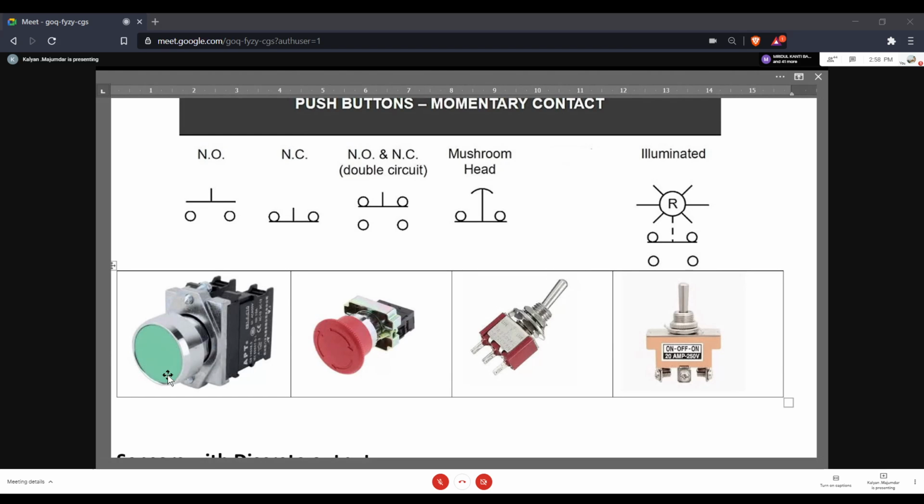I mean, you have that kind of switch is also available. So that's an added option that is illuminated. This something like lights radiating out represents light. So this is illuminated. This could be present for NO-NC combinations, or this could be present for an NO switch or NC switch. These two are different switches. I'll come to that after this.